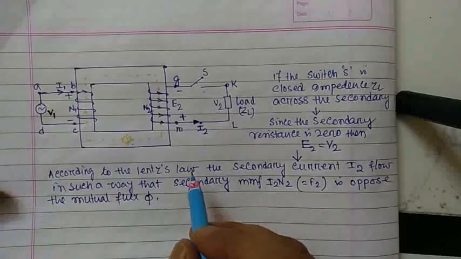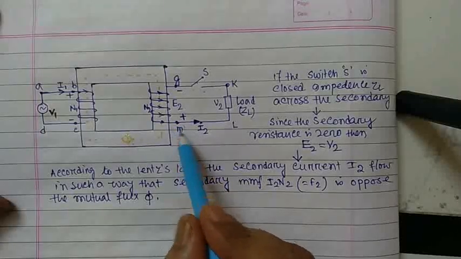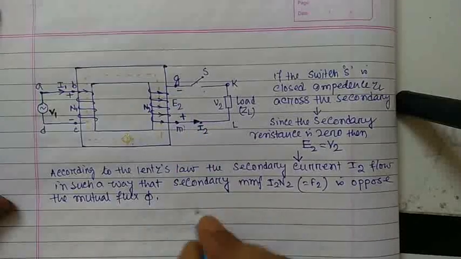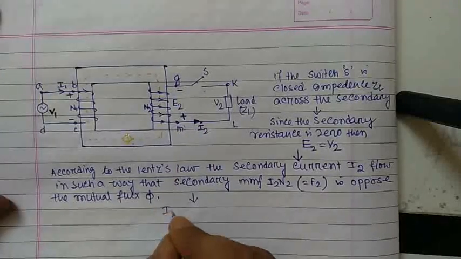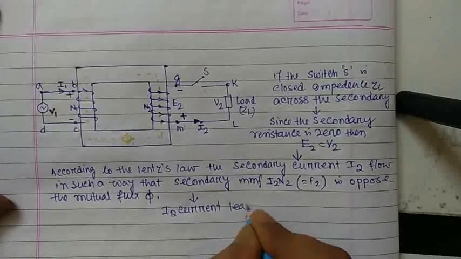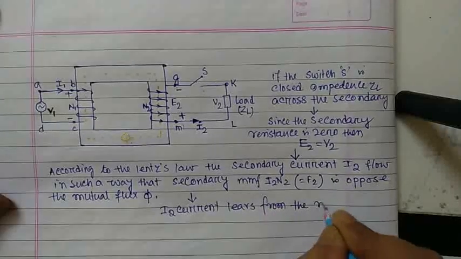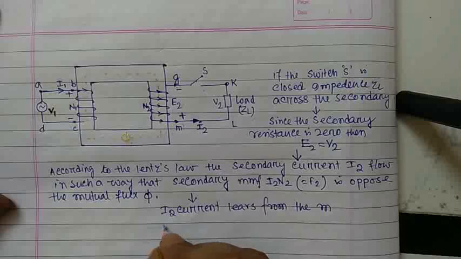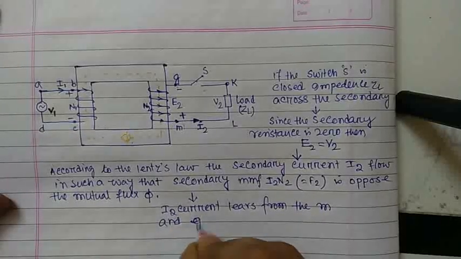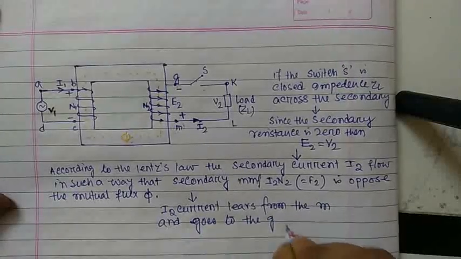So the current leaves from the M terminal and enters the G terminal. So here the I2 current leaves from M and goes to the G terminal.